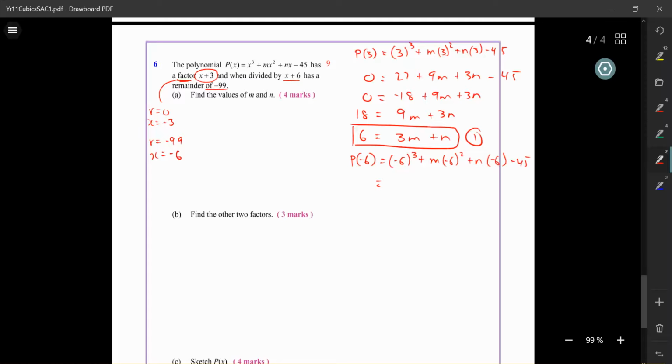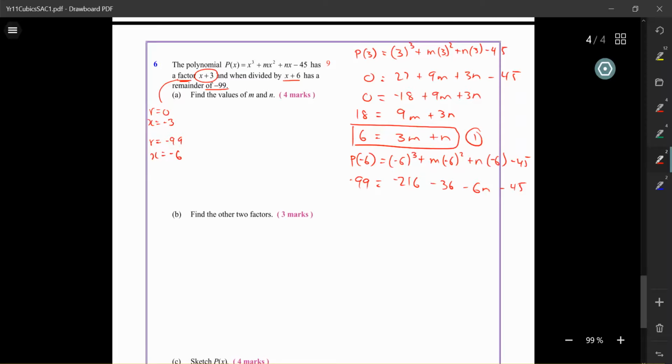What's 36 times 6? I think that's 216. Yeah, 216. Alright, perfect. So this is negative 216 plus 36m minus 6n minus 45. So all of this is meant to equal negative 99. Now let's work it all out. I like to collect the numbers together.